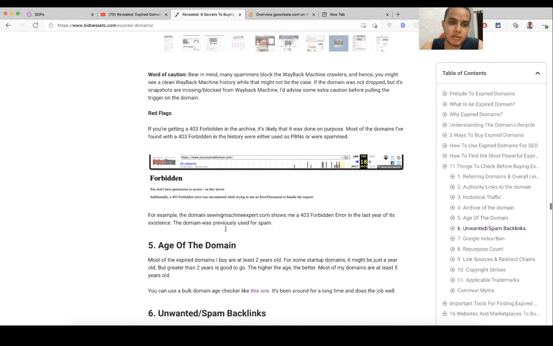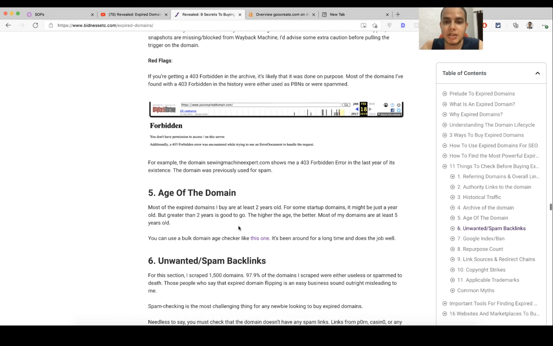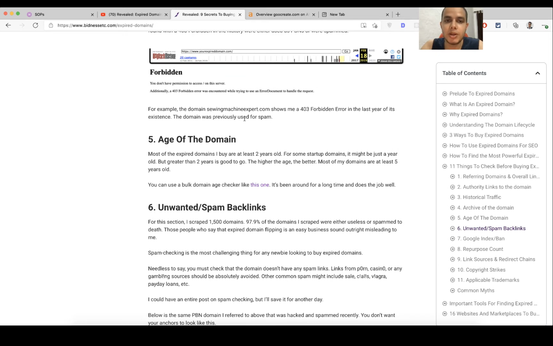The other red flag while checking the archive is if you see a forbidden error, or you see a blank page for an entire year or so. That tells us that the Wayback Machine crawler was blocked from saving the domain details, and that is the red signal that we usually want to avoid.